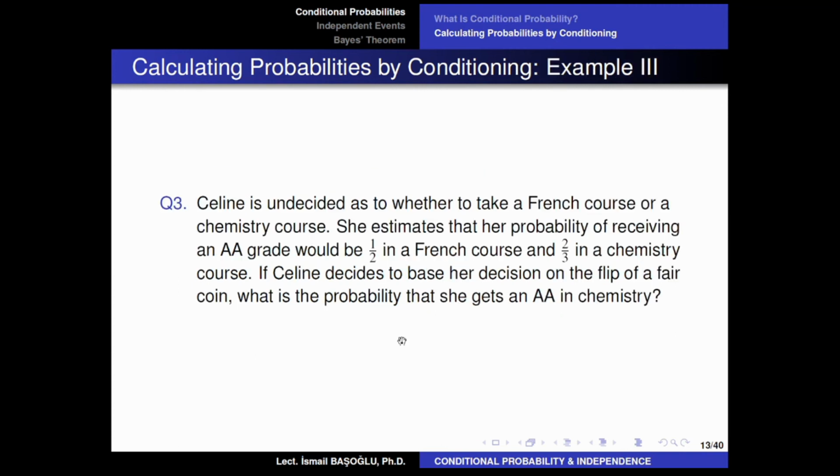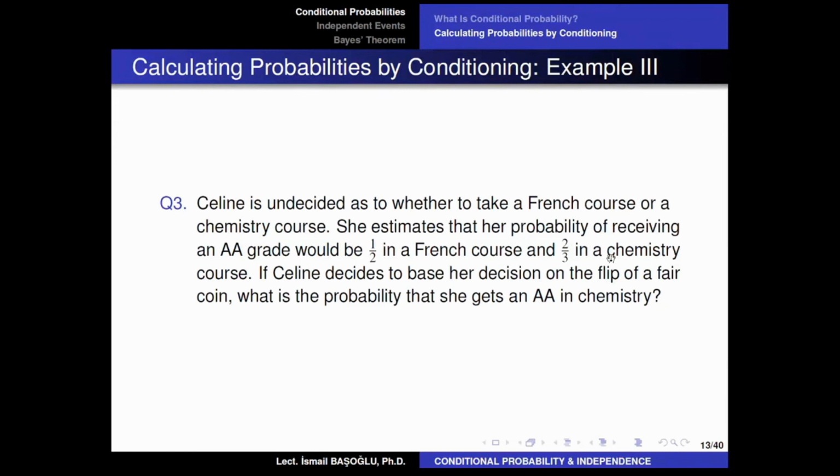All right, so we are going to solve a question related to that. Selin is undecided as to whether to take a French course or a chemistry course. So we have two courses, and one of them is going to be selected by Selin. She estimates that her probability of receiving an AA grade would be 1/2 in a French course and 2/3 in a chemistry course.